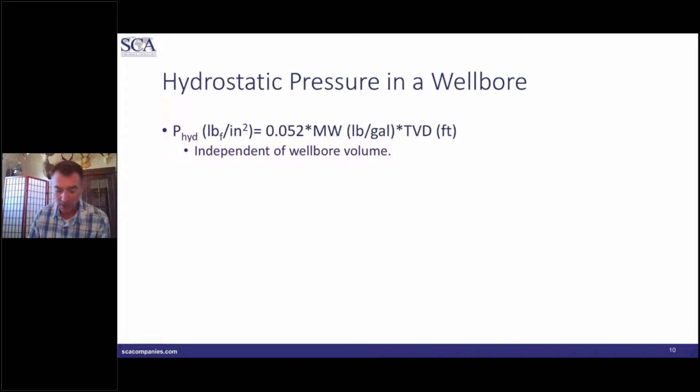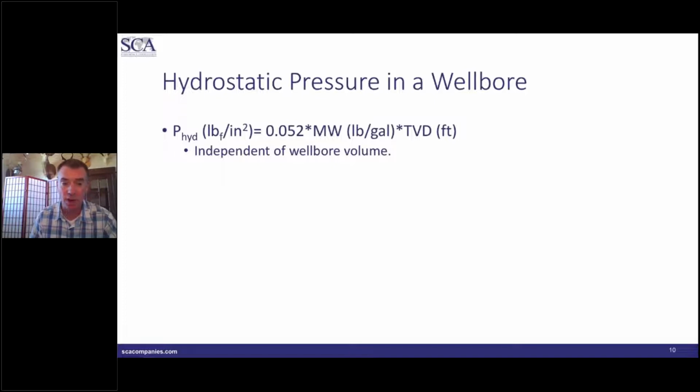So P-Hyd is equal to 0.052 times the mud weight in pounds per gallon times our TVD in feet. And we've seen this, we've used this 1,000 times, but quite frequently when it's put forward to us in a well control class, we don't talk about where it comes from.